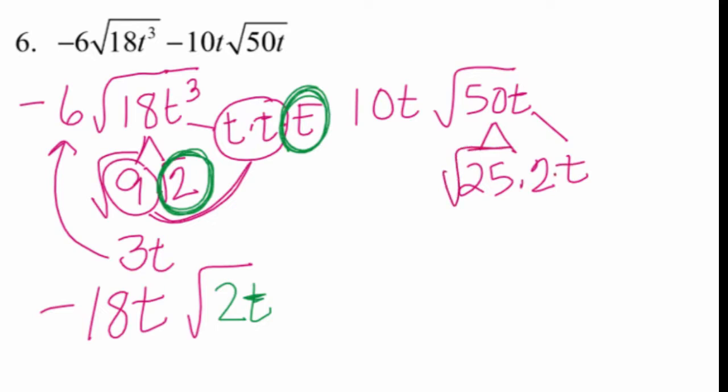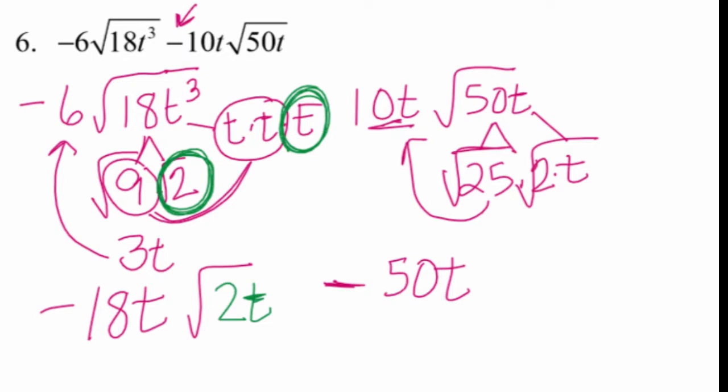But here's your perfect square, right? Which is 25. And so that's square root is 5. We're going to multiply times the 10t minus, the minus was in the original problem, right? 5 times 10t is 50t square root of 2t. And now these are like terms, right?